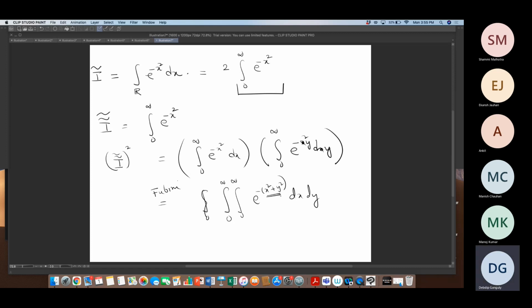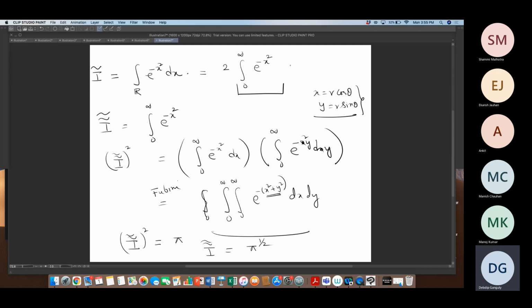Now this, you know how to do this, x squared plus y squared. You just put x equal to r cos theta, y, polar coordinates. Do the integration. I don't know what exactly you will get. I tilde squared, I think you will get pi. So I tilde is pi by 2, right?